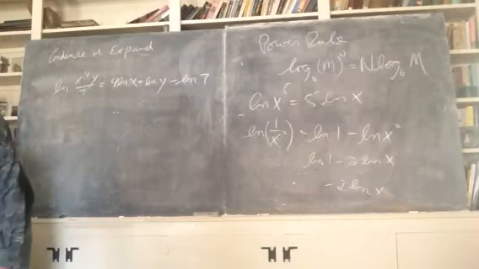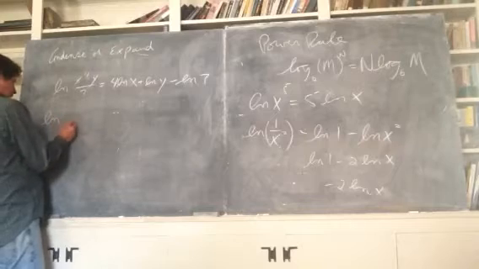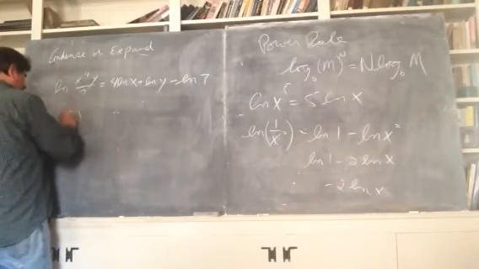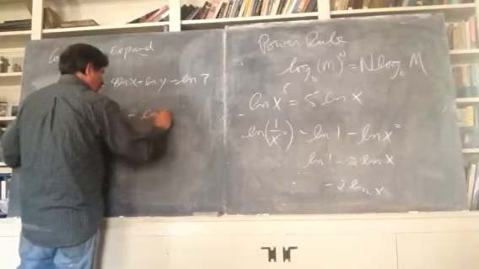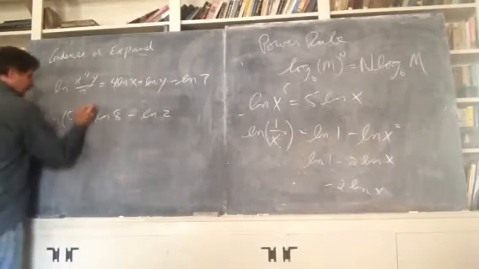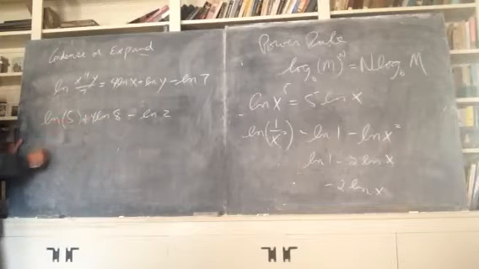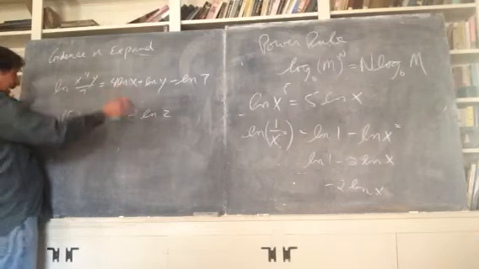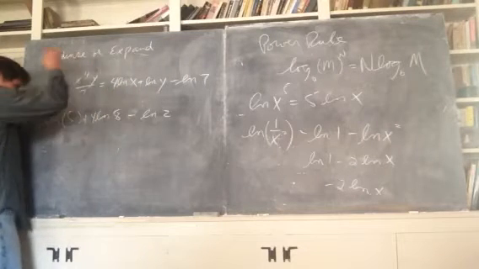How about this? ln 5, ln 8, and ln 2, using three numbers. Minus... I should put a number in front of one of these, like plus 4 ln 8. That's good. I want to condense this and make it look like this.